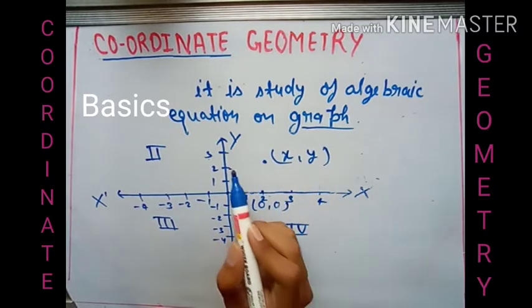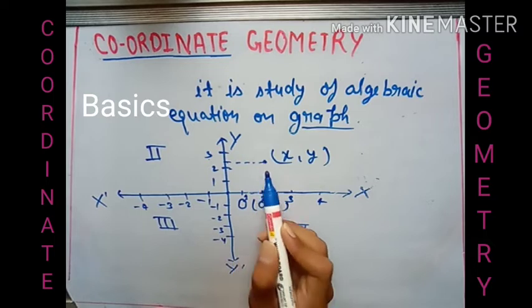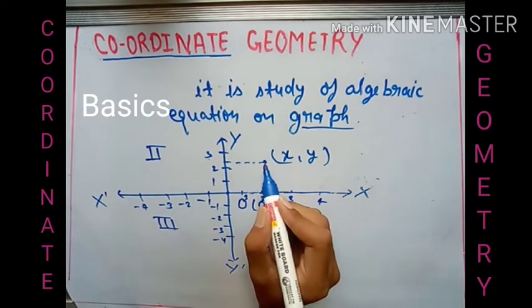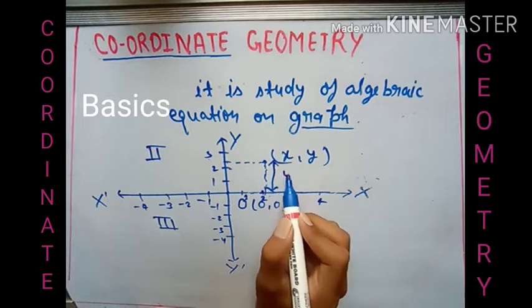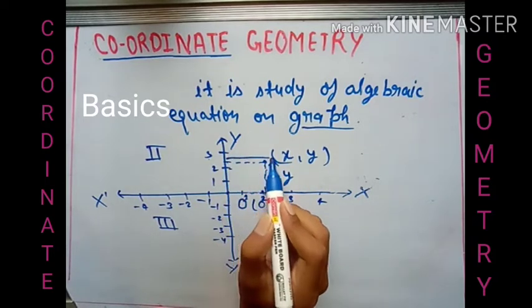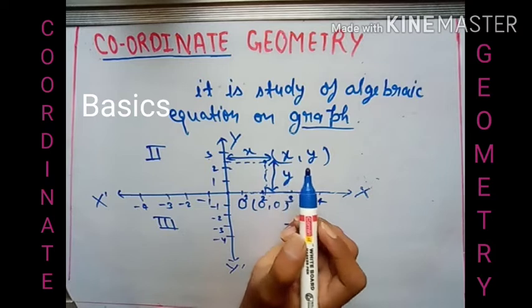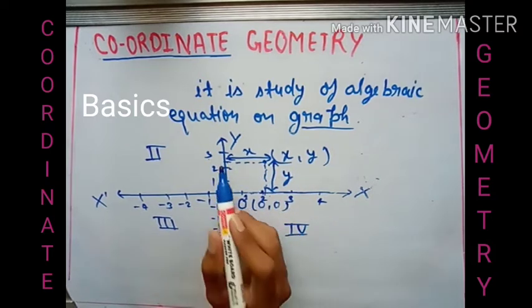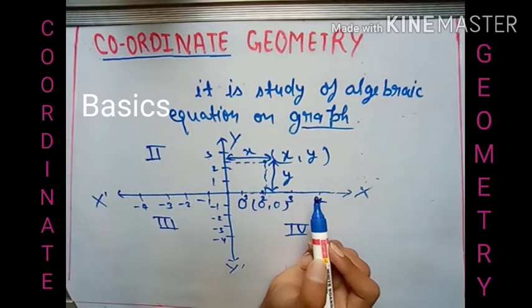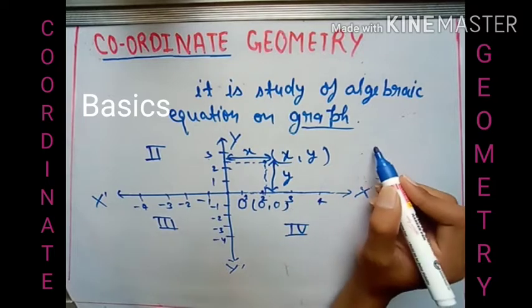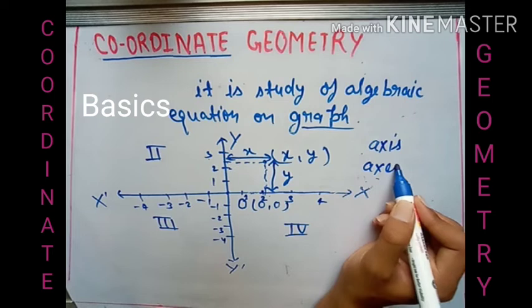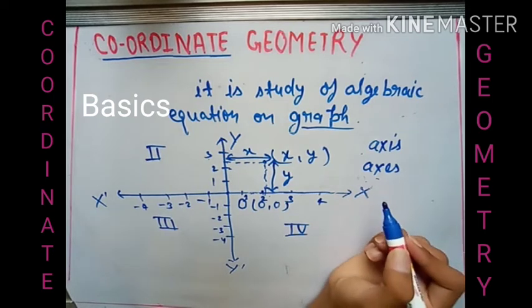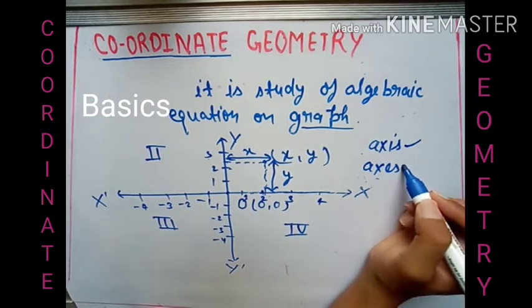Suppose this is the point, and draw the perpendicular on the y-axis, then the x-axis. So this distance is what? This is the y distance, and this is the x distance. You are measuring this distance from the perpendicular axis. When you say axis, it means a single line. When you say axes, this means the x-axis and y-axis, singular, plural.